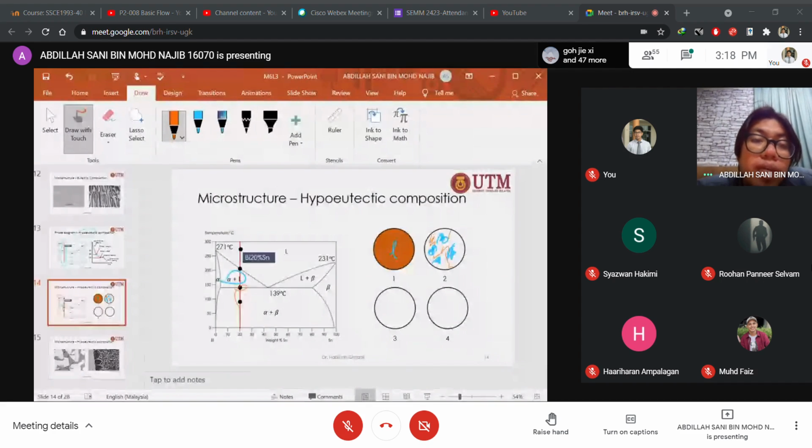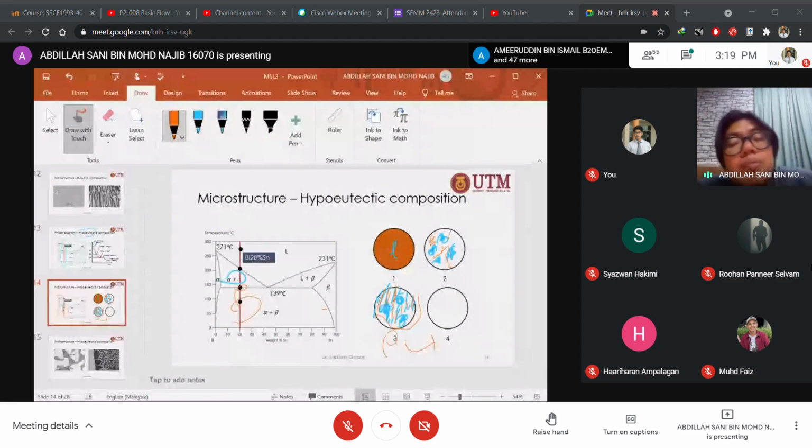So you will have eventually what we call the primary alpha, which solidifies first, and we will have the lamellar structure as well from the remaining liquid. This might not be the complete one. Number 4 will be complete. Okay, this is the starting point. Number 3, number 4 will be complete like this.